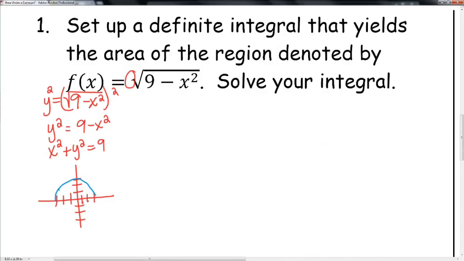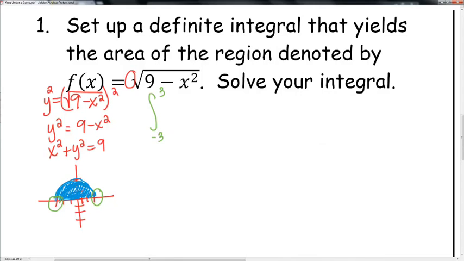So there is my semicircle. And so if we want to find the area under the curve, we have to do our sum. So we're talking about the sum of the area. We're starting at -3 because that's where my semicircle begins, and we're ending at positive 3. That's where my semicircle ends.